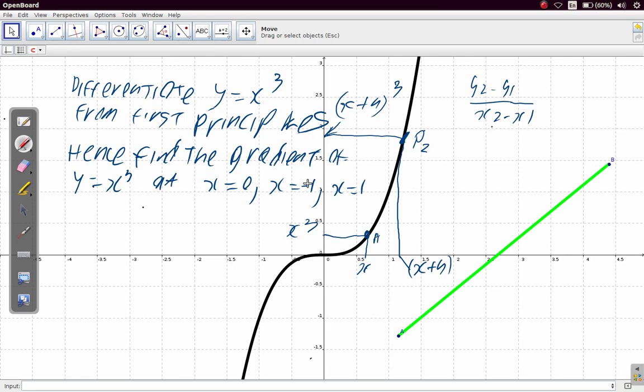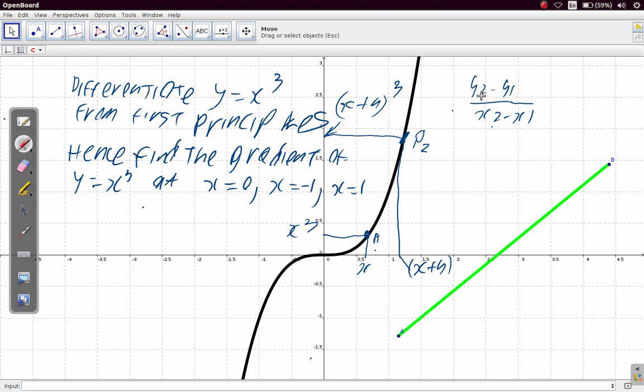So we can choose these 2 points and find the gradient of a line drawn through it, and then make h get smaller and smaller, approaching 0. So we end up at x and we find the exact gradient at x. So that's the idea behind it.